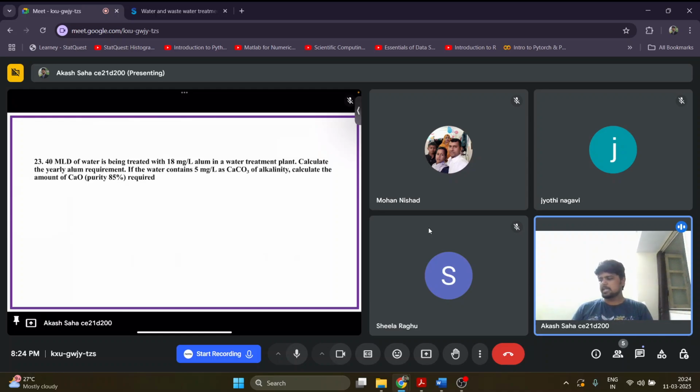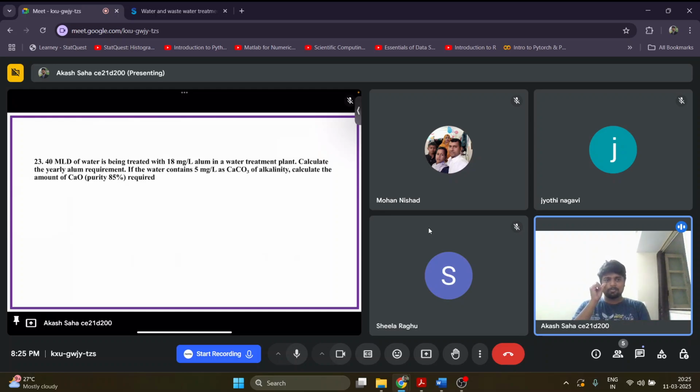So actually there is a derivation also. Maybe I can take it up in the next class. For now we don't have much time. So for 1 gram of alum, it will react with 0.45 gram of alkalinity as CaCO3. Alkalinity we already defined in terms of CaCO3.